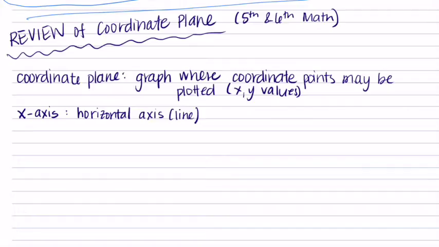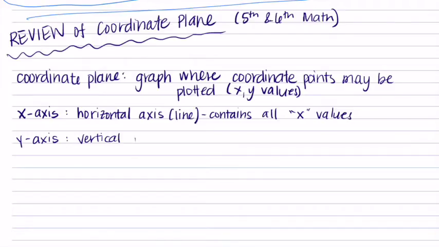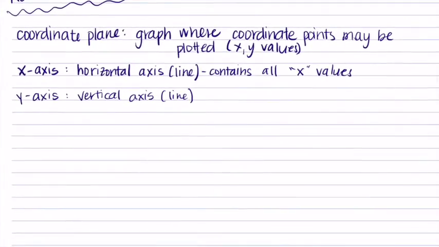It contains all of our x values. With our x-axis, we need to look at our y-axis, the vertical line or vertical axis, where all of our y values are contained. These values are the values that we get from our table.